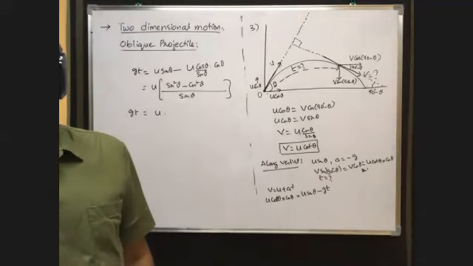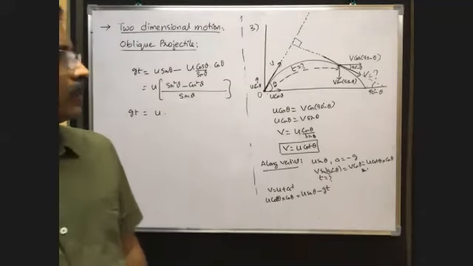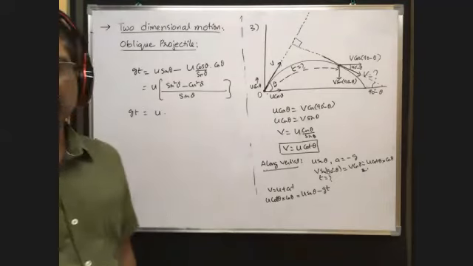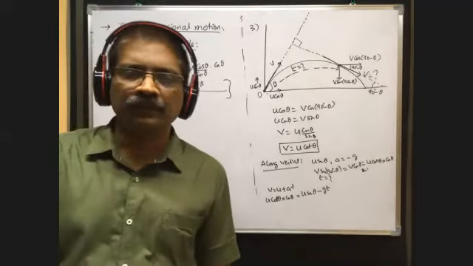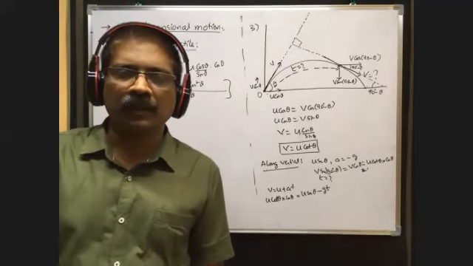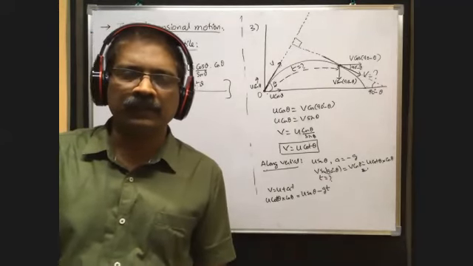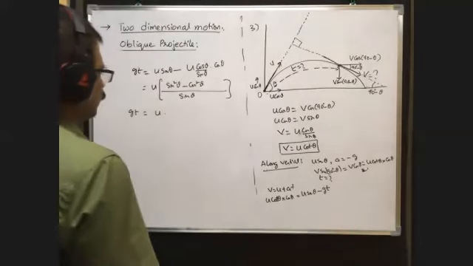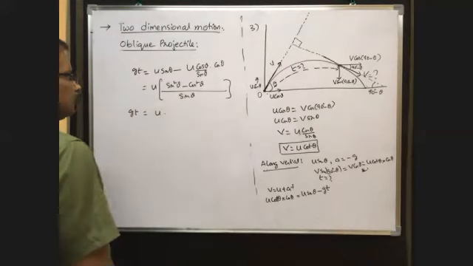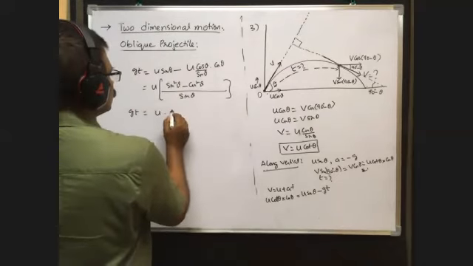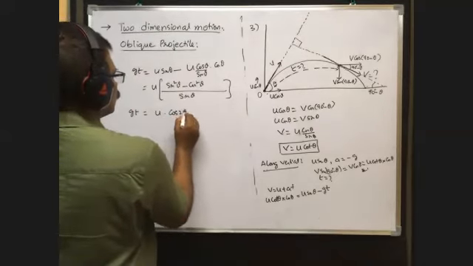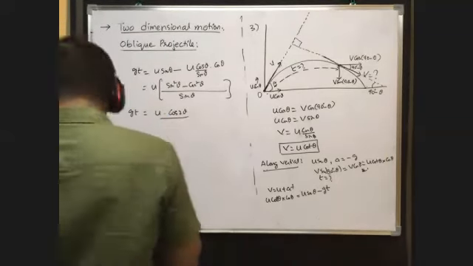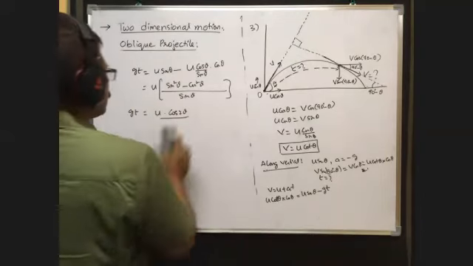Sine square theta minus cos square theta is cos 2 theta, sure? Sine square theta minus cos square theta is equal to cos 2 theta by sin theta. Otherwise, you write like this.